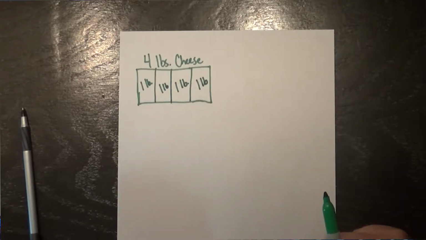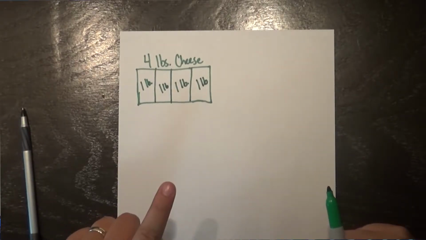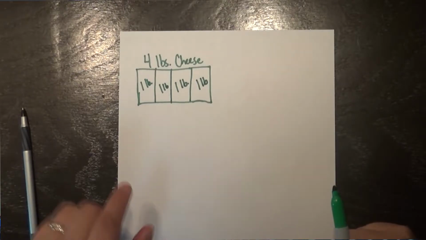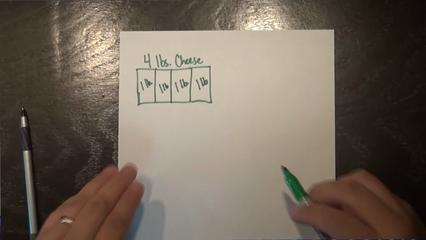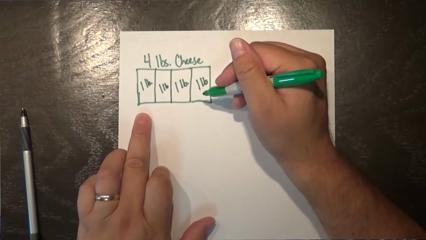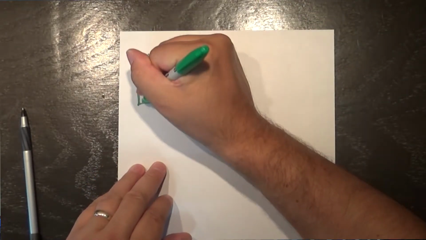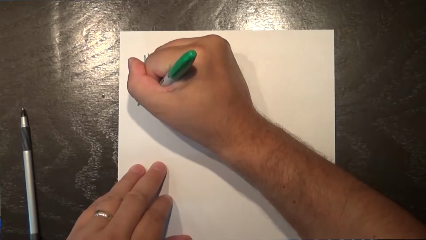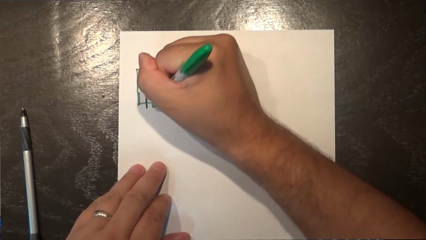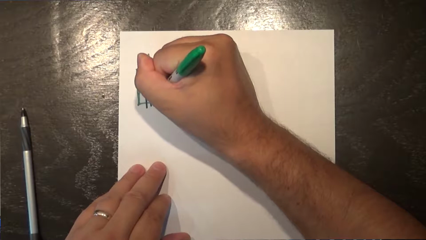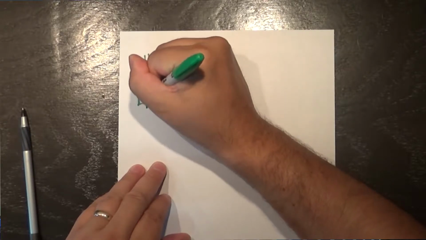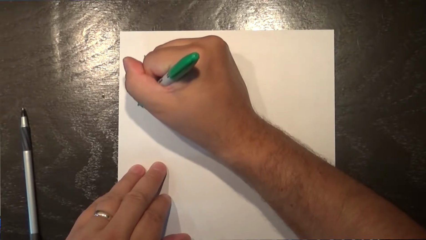If we know Mr. Edwards is going to use 1/8 of a pound of cheese to make his sandwiches, we know we could take this 1 pound block of cheese, or 1 pound slice, I guess, and divide that up into 8ths. So again, I'm going to cut it in half. Right about there is half. Cut that half in half, and then cut that half in half. Let's do that on the other side here.